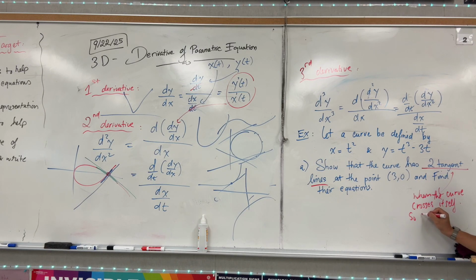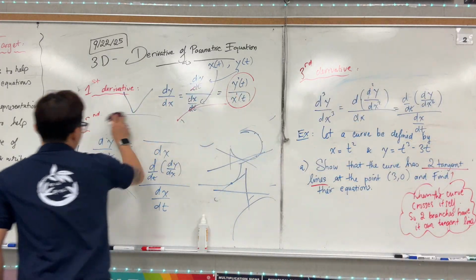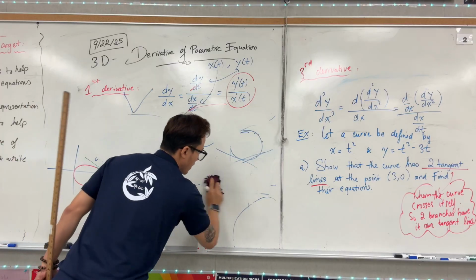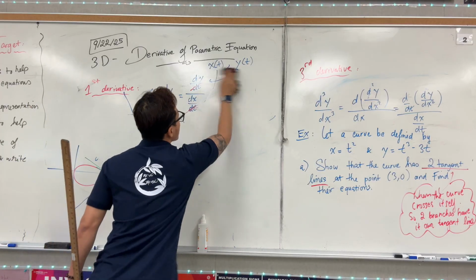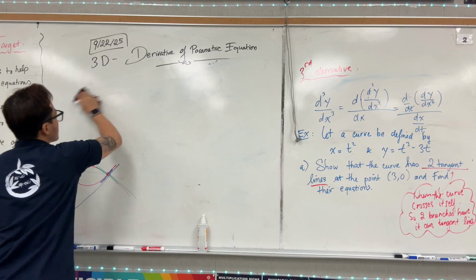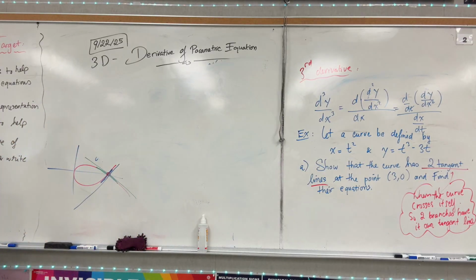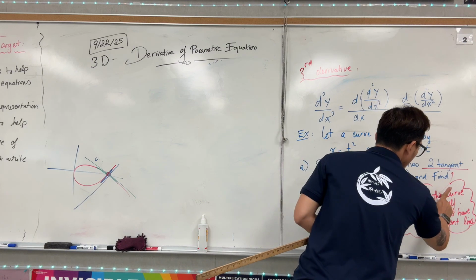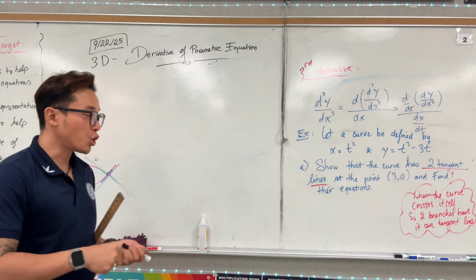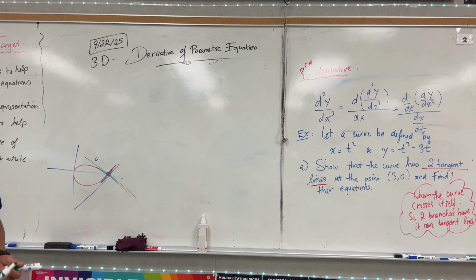So two branches, let's say two branches, each have its own tangent line.